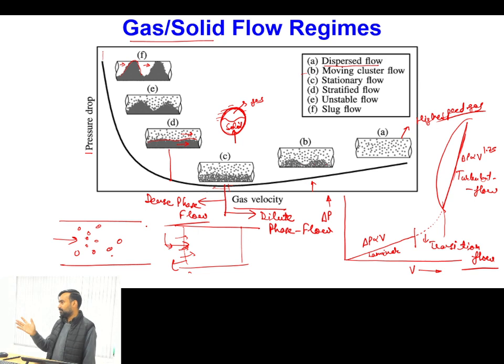Because say a belt conveyor is moving and on that belt conveyor you have loaded fly ash particles. Once wind blows, what will happen? That will carry a significant amount of fine particles with it.